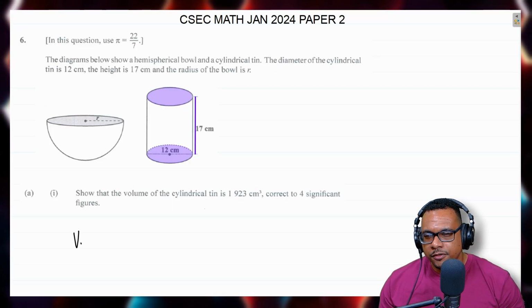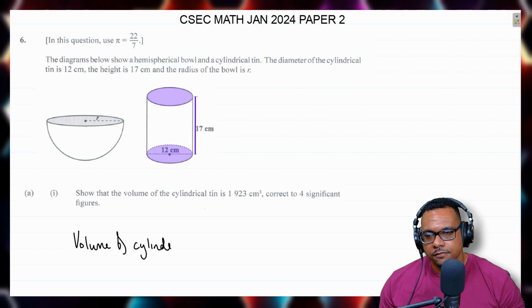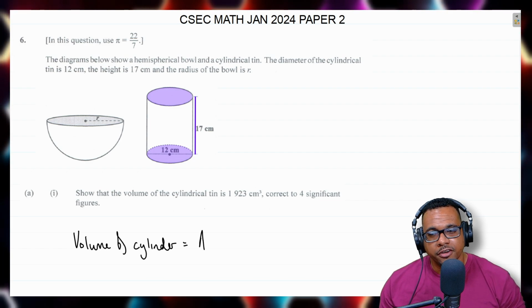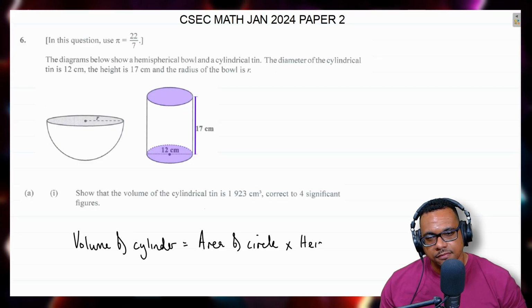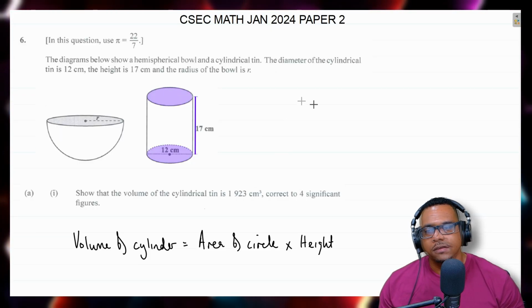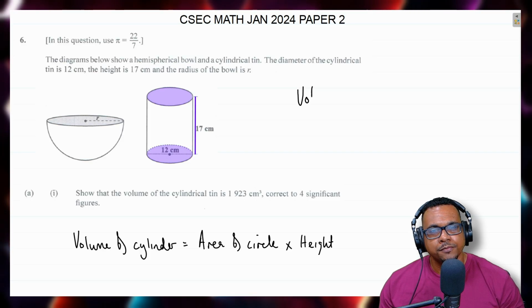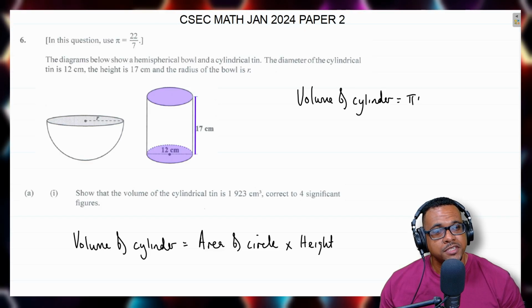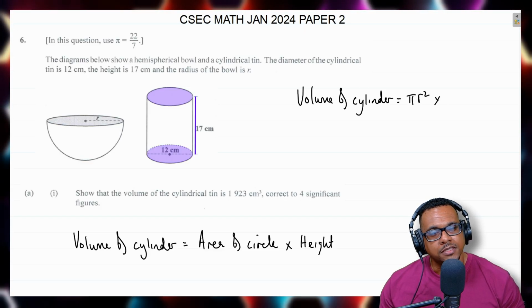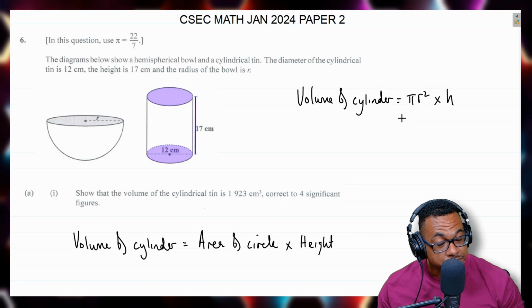So the volume of a cylinder is going to be equal to the area of the circle times the height. So that's going to come up here. Volume of cylinder is equal to pi r squared, which is the area of the circle, multiplied by the height of the prism.